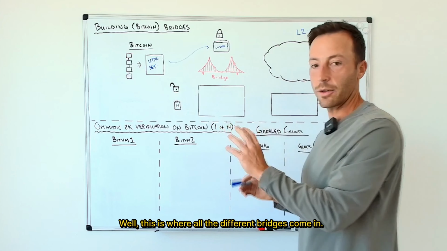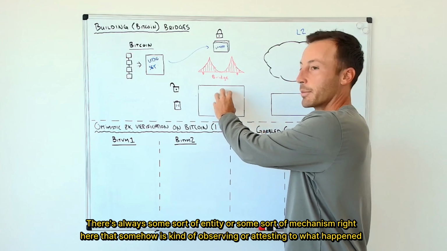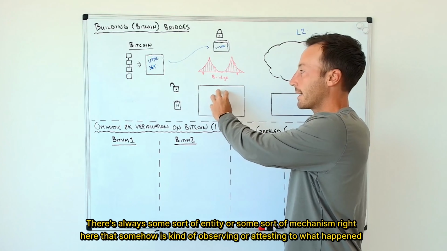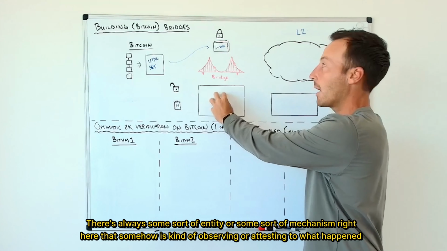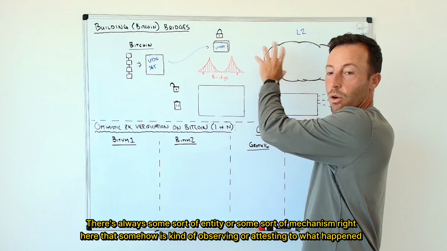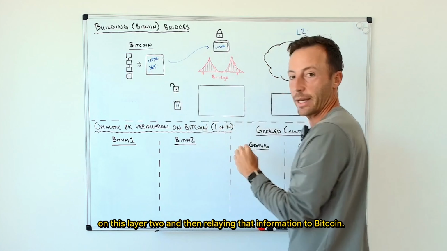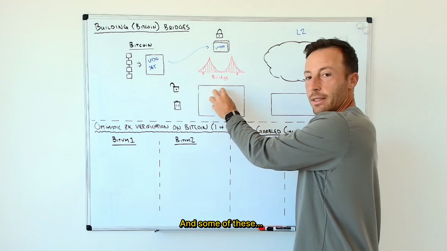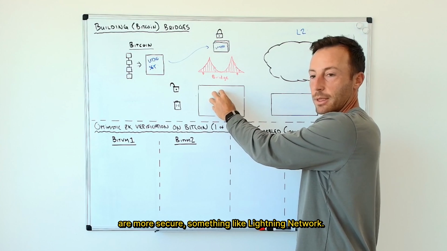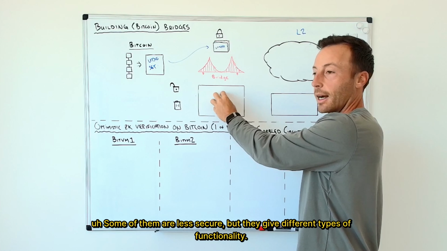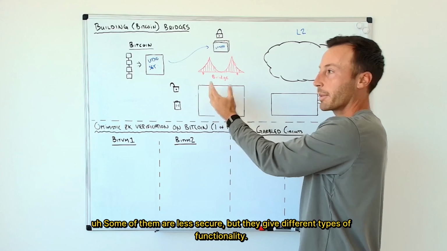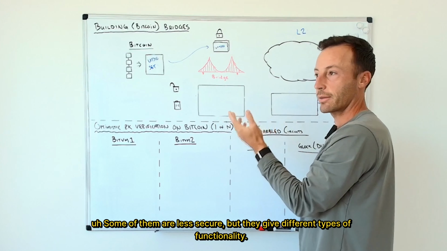Well, this is where all the different bridges come in, where there's always some sort of entity or some sort of mechanism right here that somehow is observing or attesting to what happened on this layer 2, and then relaying that information to Bitcoin. Some of these are more secure, something like Lightning Network. Some of them are less secure, but they give different types of functionality.